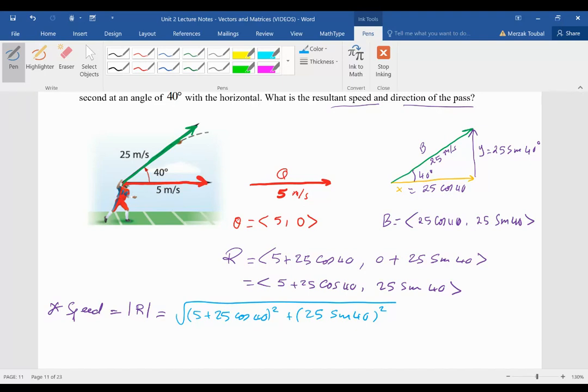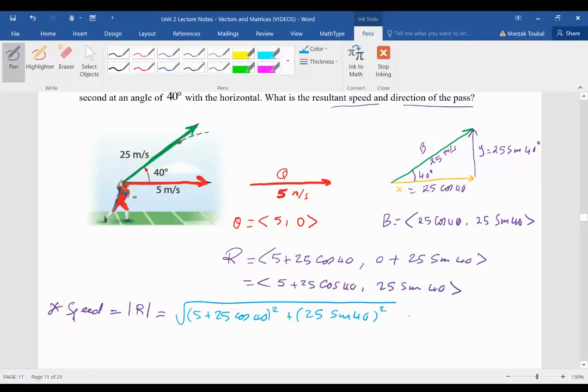So we got 5 plus 25 cosine 40, and then we square it, plus 25 sine 40 squared.